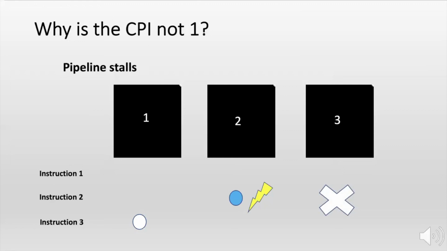That means that instruction 3, which is the white ball that is at subtask 1, cannot move on to the second task because task 2 is still in progress. That means that we'll have 2 idle blocks, which are the task 1 and the task 3. They'll both be idle and they won't be working.